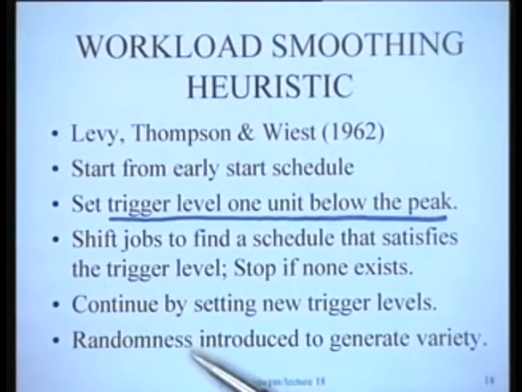One feature which has been introduced into this particular heuristic is the element of randomness. Randomness essentially means that you have to examine jobs which are going on during that particular peak period. So suppose there are k jobs going on, you call them A1, A2 and so on up to AK.